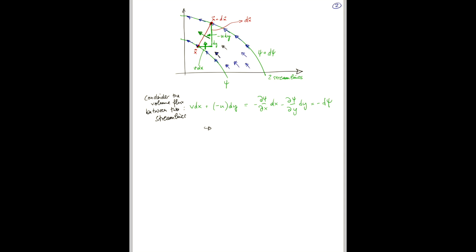And so that means that the volume flow rate between these lines here is always the same. And when the lines are further apart, then the flow is slower because this distance here is wider. And when they're closer together, then the flow has to speed up because the distance is more narrow. So let me just write that out.